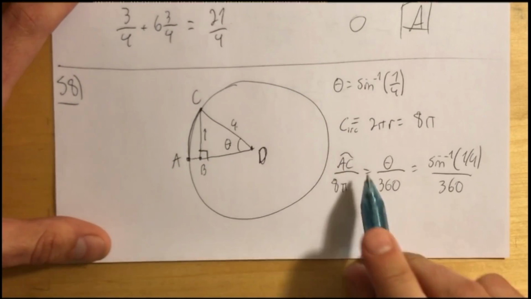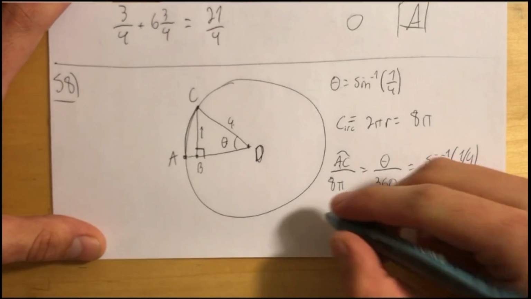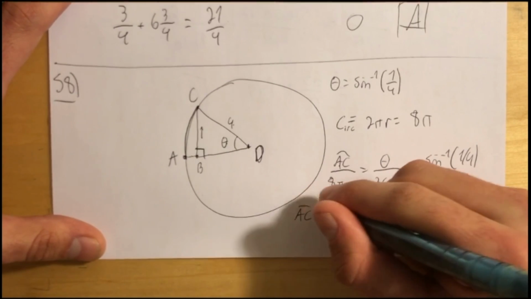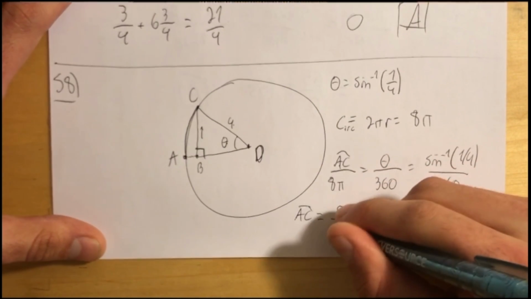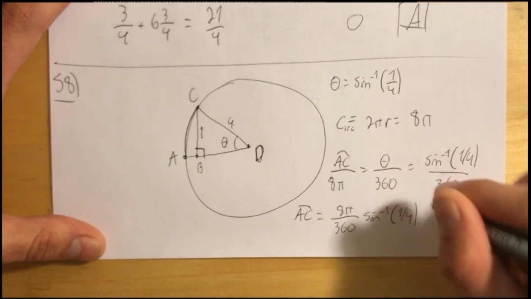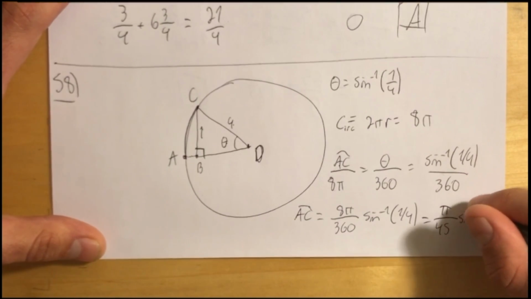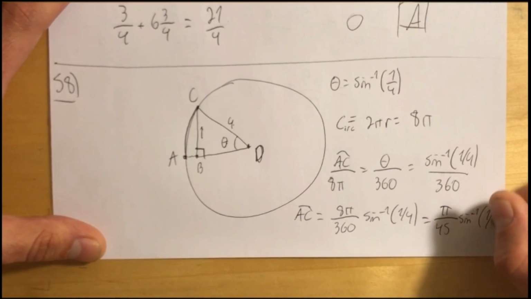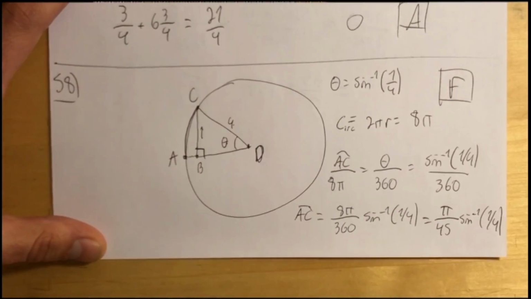Now, to get AC by itself on this side, multiply both sides by 8 pi. So AC equals 8 pi over 360 times inverse sine of 1 over 4. Simplifying, pi over 45, inverse sine of 1 over 4. So then the answer is F.